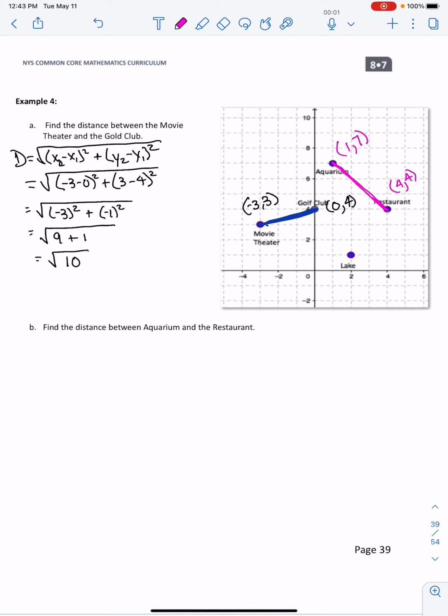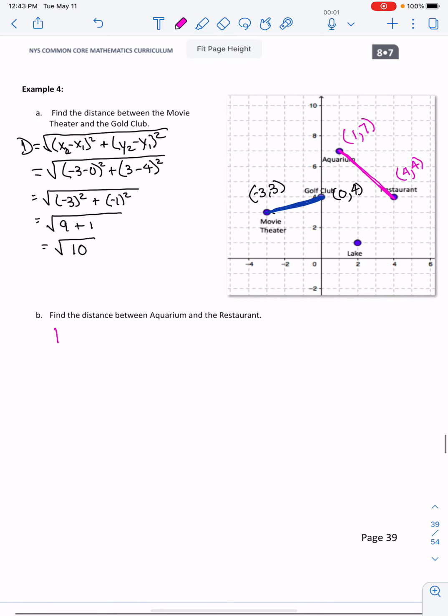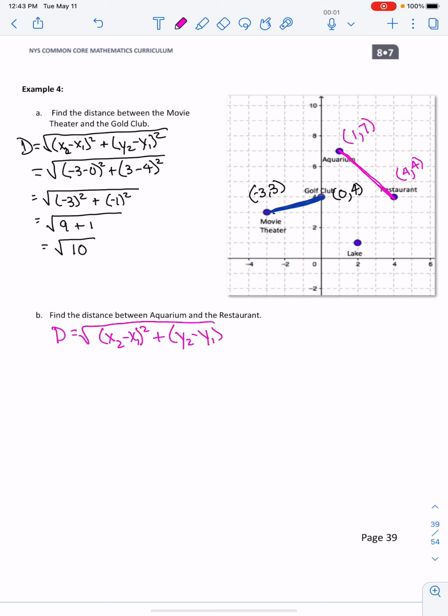So to find that distance, and again, going from bottom to top.